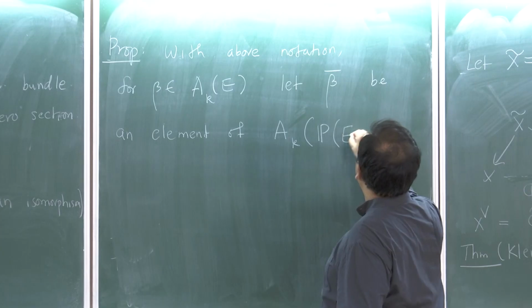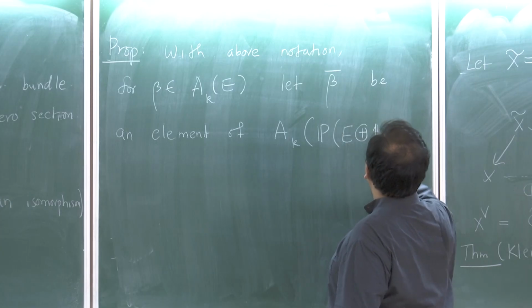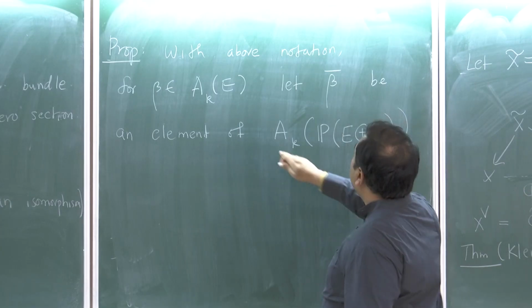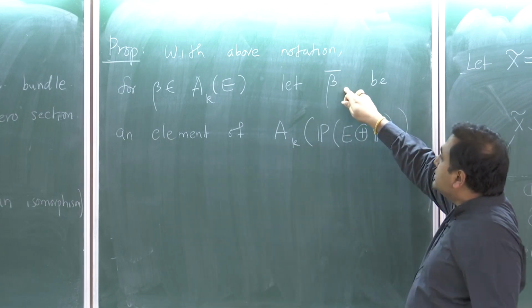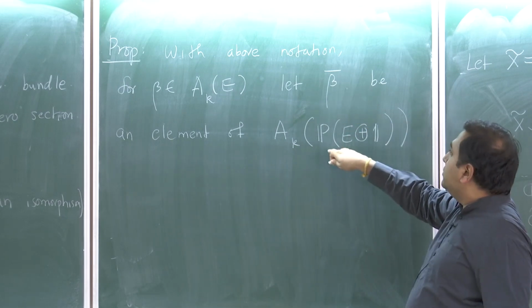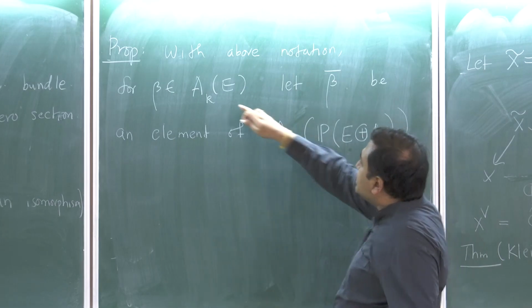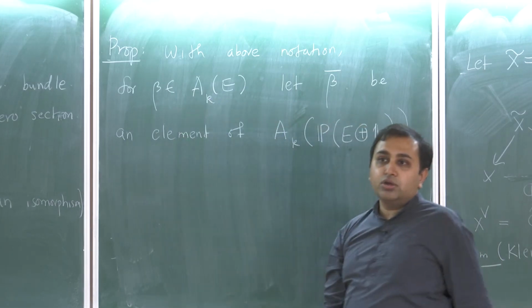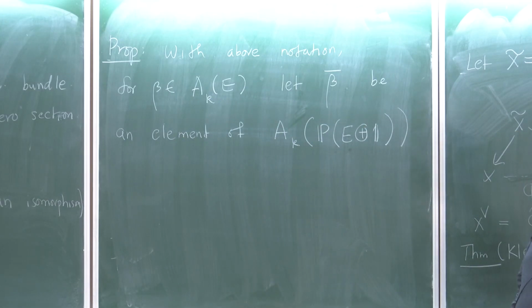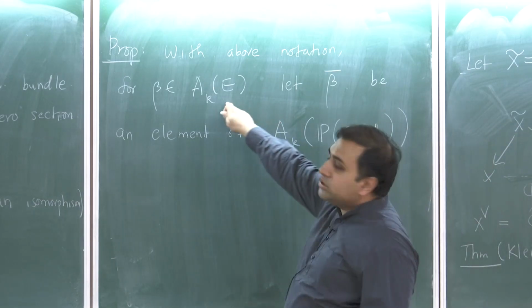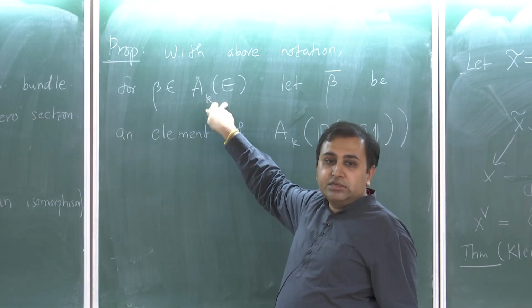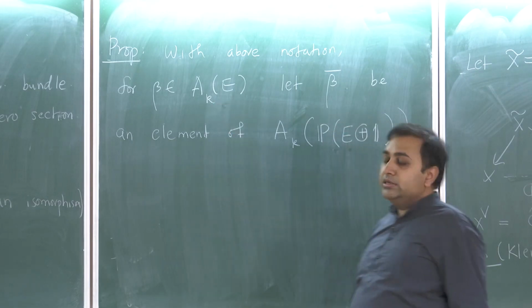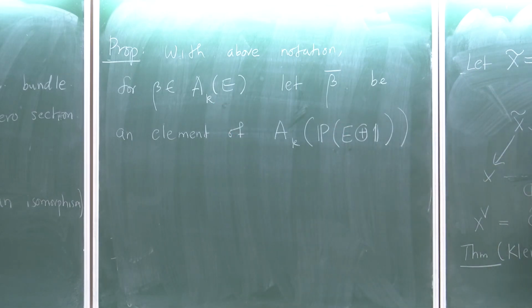So I'm saying find some class which restricts to this, which you can always do because we know that the map from this to this is surjective.